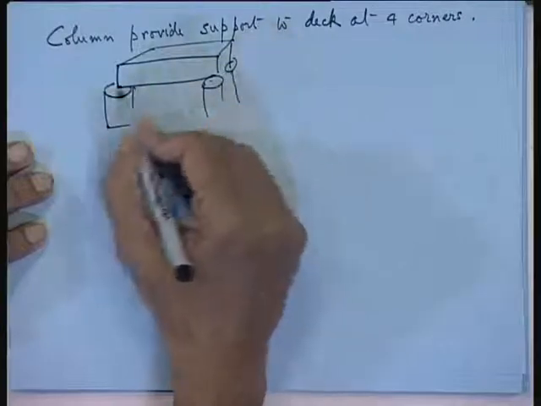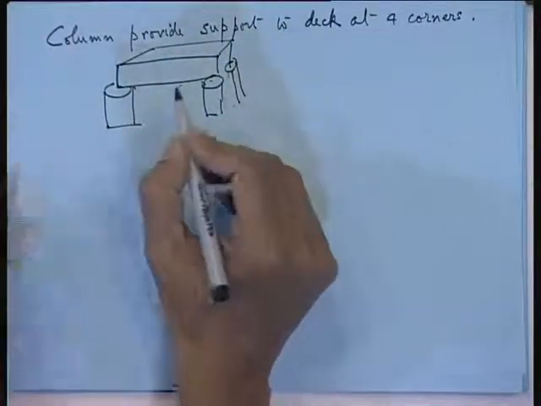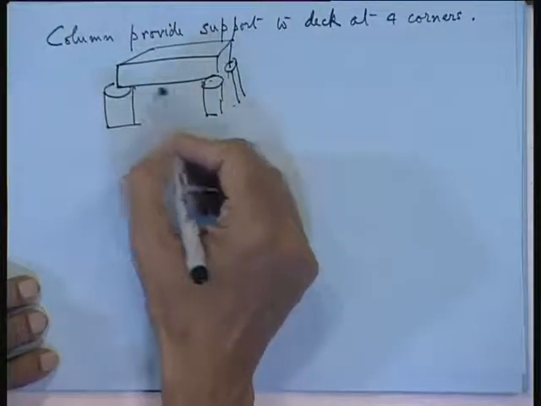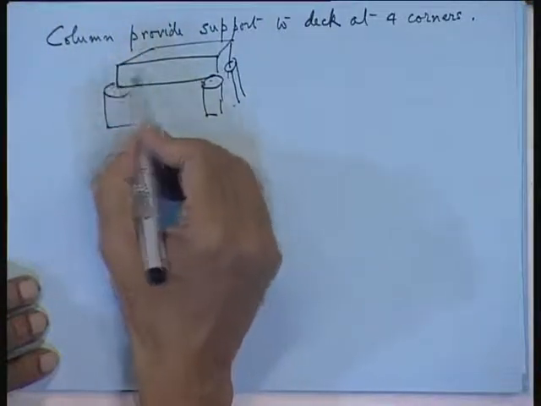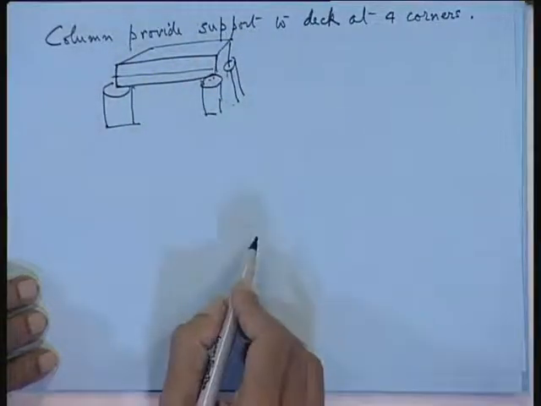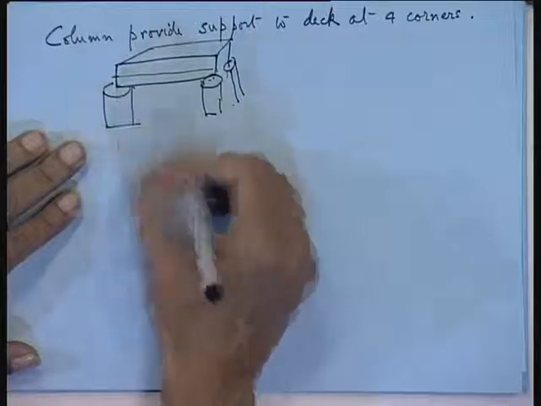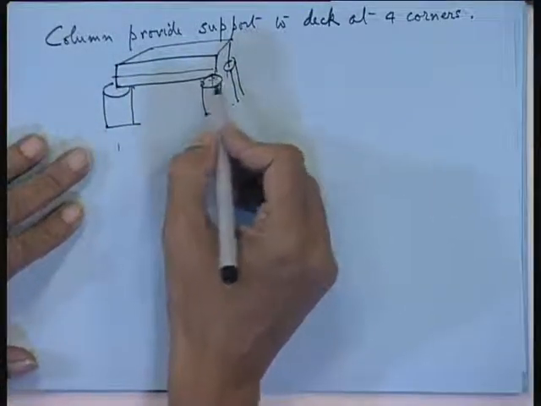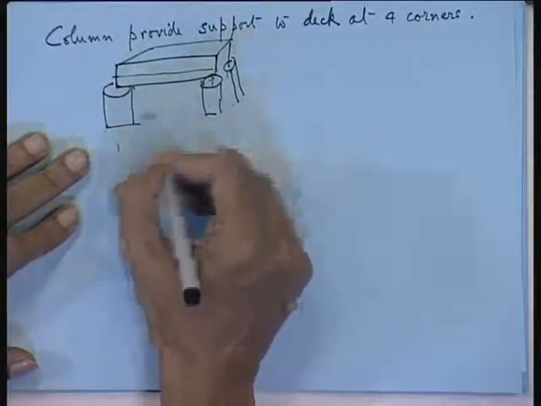So, these columns actually provide support to your deck at 4 points, and in between, since you are doing away with the truss members, the deck should have ample rigidity. Now, if you increase the column spacing, your deck span is also going to increase. So, that also you cannot go on increasing to a large extent.